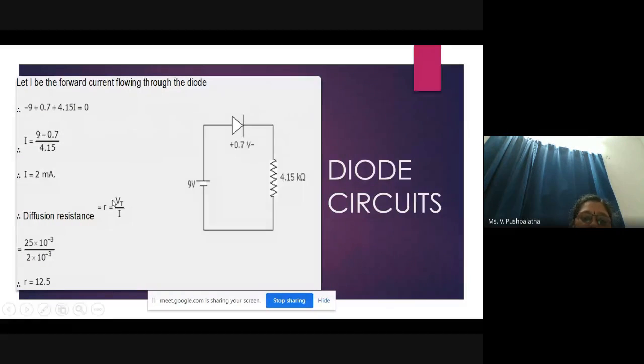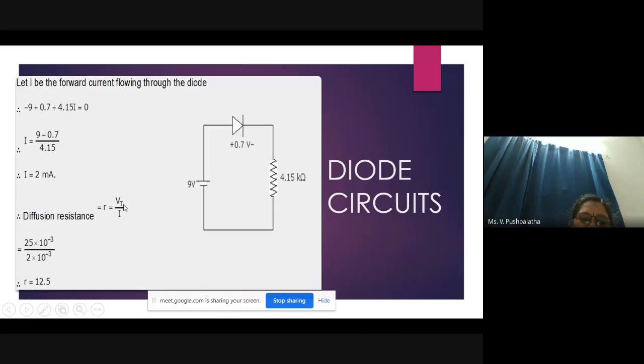Here the diffusion resistance occurs in the depletion region, and in the depletion region you have only immobile ions. If and only if I apply some thermal voltage, then the depletion region will break down. That is why I am taking the thermal voltage.